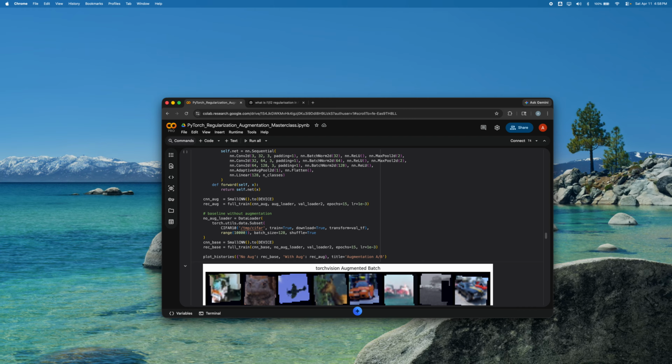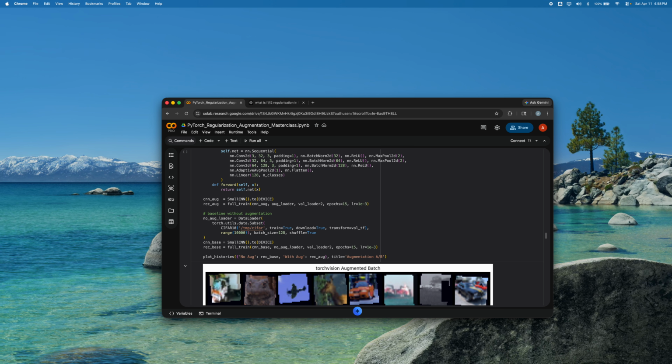Then we have random crop, which pads then crops to a random position, introducing a slight translation. Then we have color jitter, which randomly shifts brightness, contrast, saturation and hue. Then we have random grayscale, which occasionally converts to grayscale. Then we have random erasing, which randomly blacks out a rectangular patch, a technique called cutout.